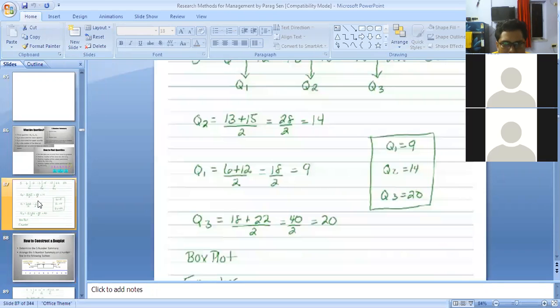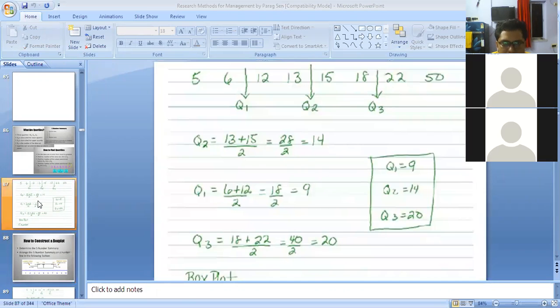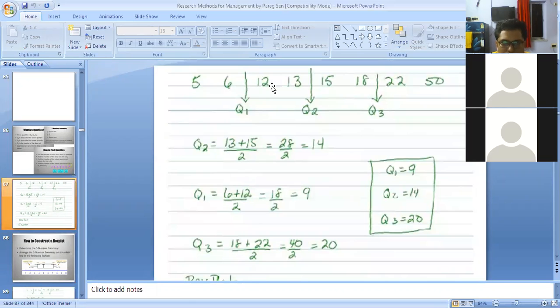I think it will be easier if we go through an example. Suppose you have this data: 5, 6, 12, 13, 15, 18, 22, 50. How can you make a box plot of this data? You can see 1, 2, 3, 4, 5, 6, 7, 8.